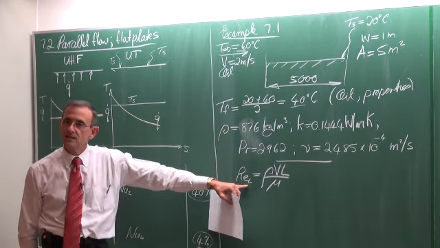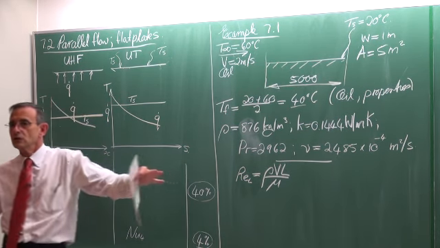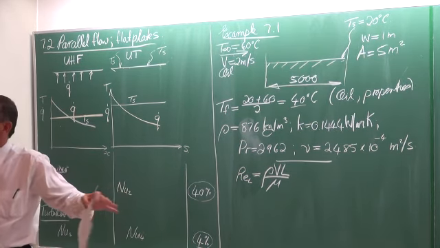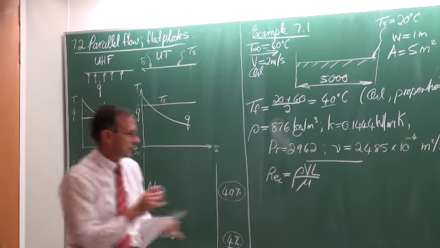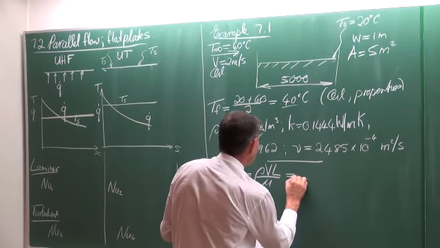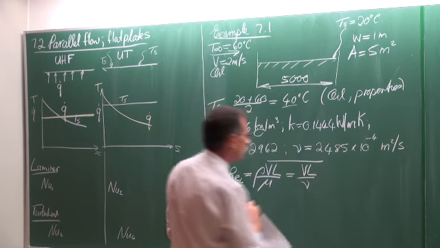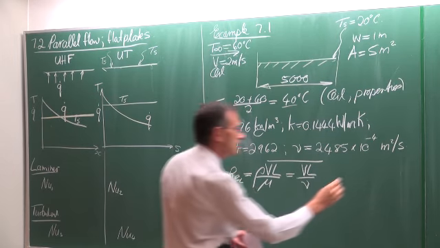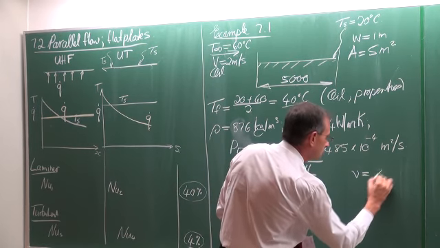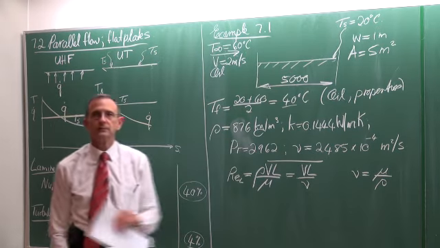We can write it as the velocity multiplied by length divided by the kinematic viscosity, where the kinematic viscosity is equal to the viscosity divided by the density.